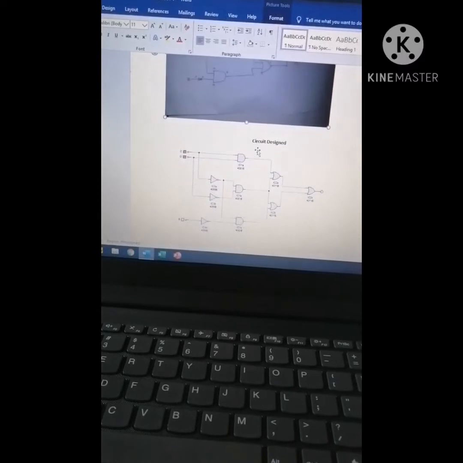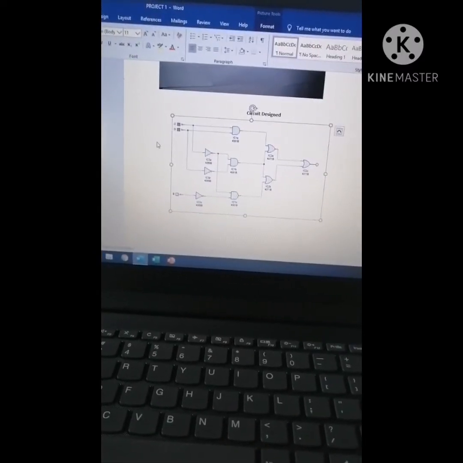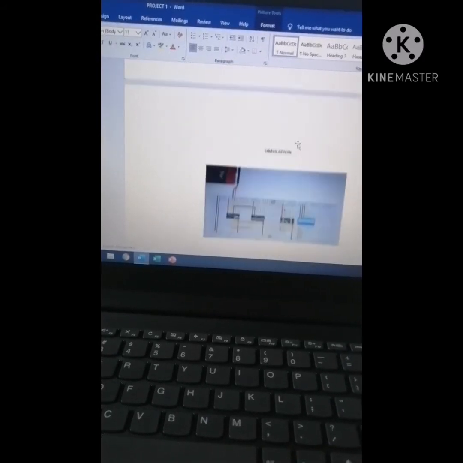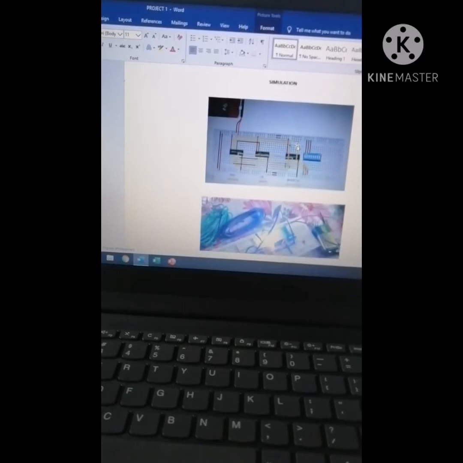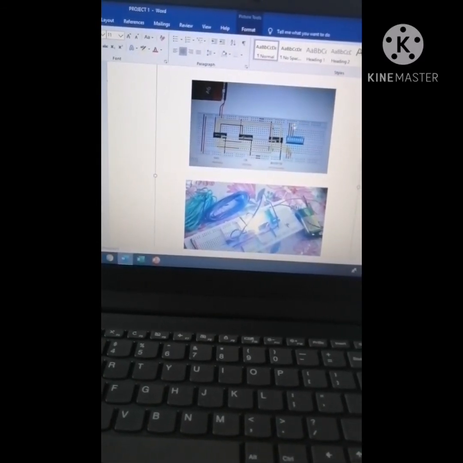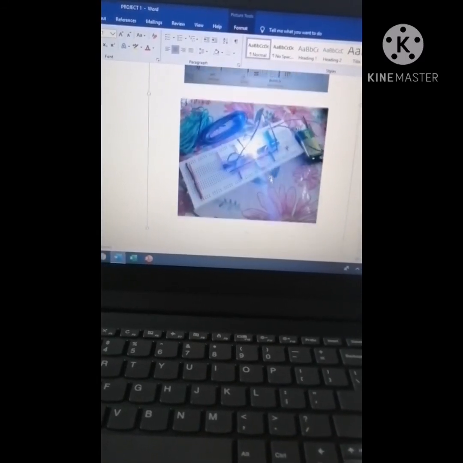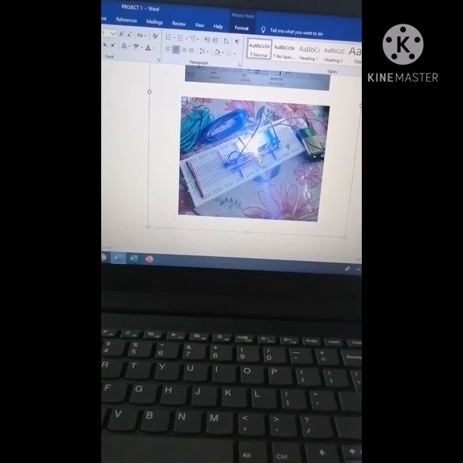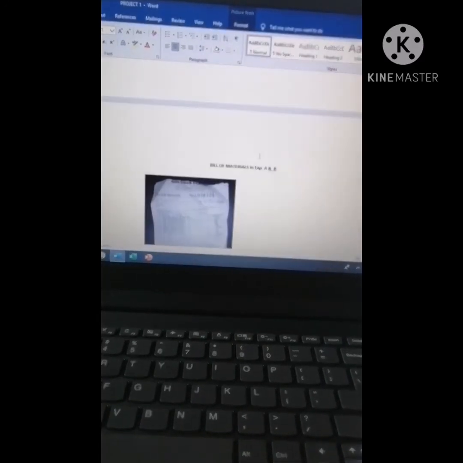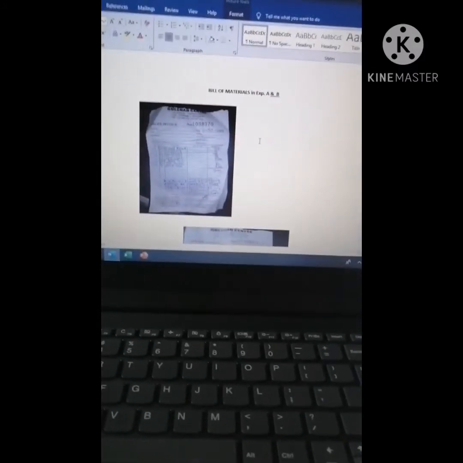Next is the circuit diagram. I made it here in the Wizard circuit. Simulation by the use of Fritzing, and the actual hardware circuit using a breadboard. Next is the bill of materials in experiment A and B.